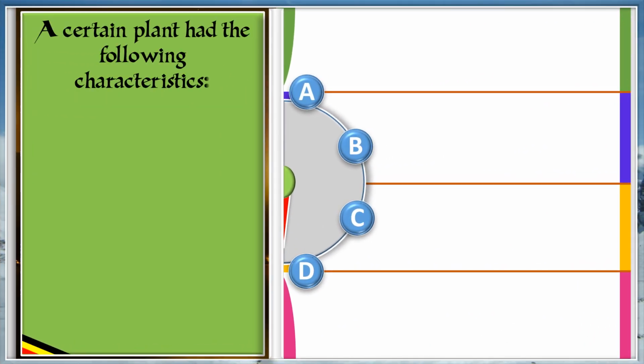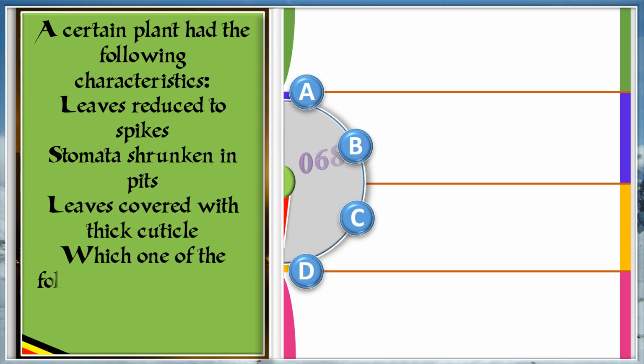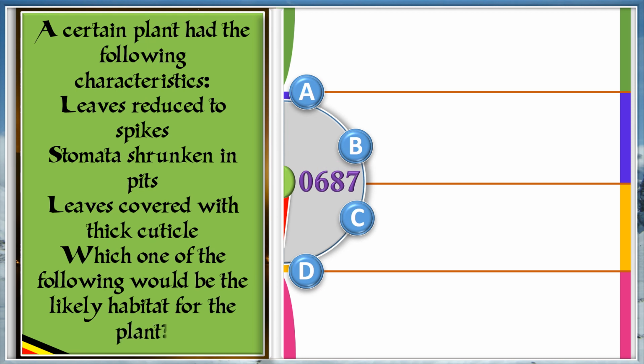A certain plant had the following characteristics: leaves reduced to spines, stomata shrunken in pits, leaves covered with thick cuticle. Which one of the following would be the likely habitat for the plant?